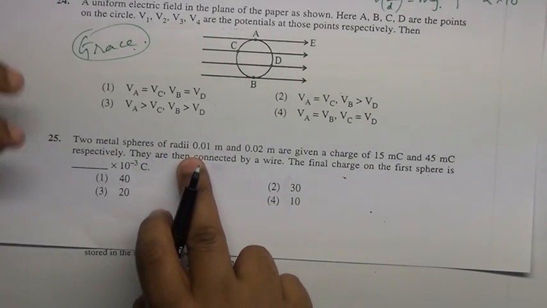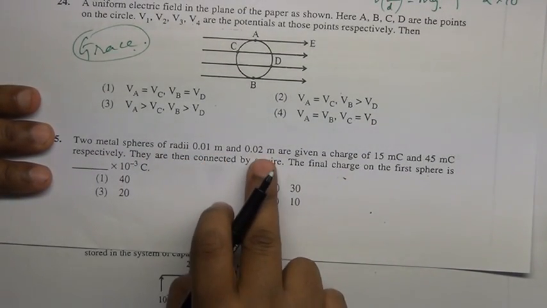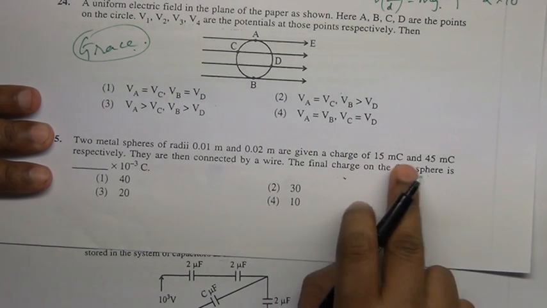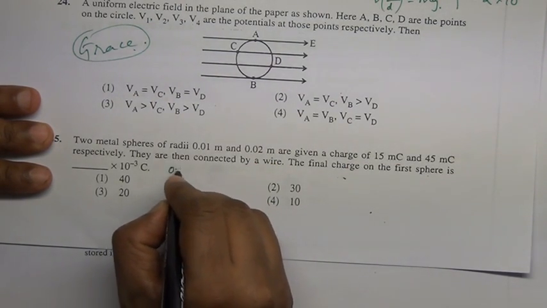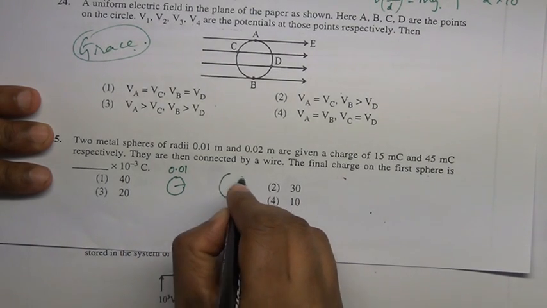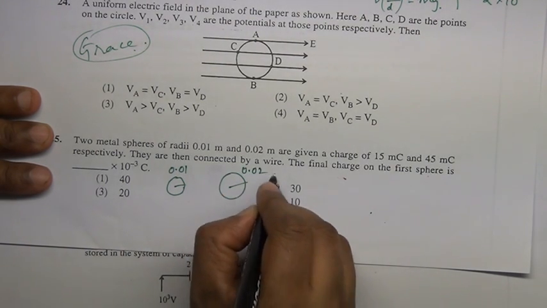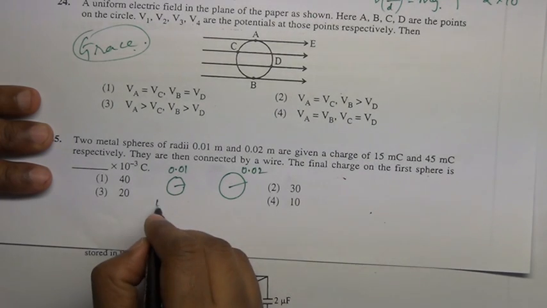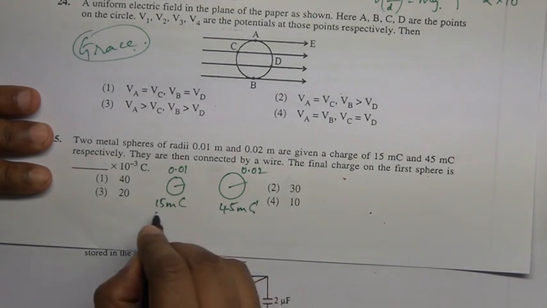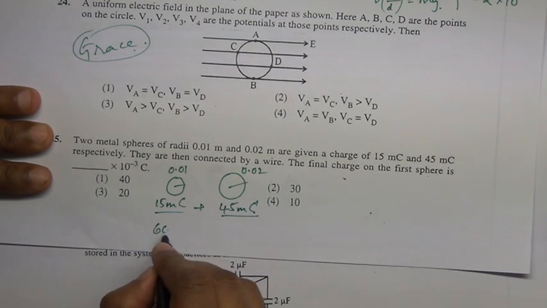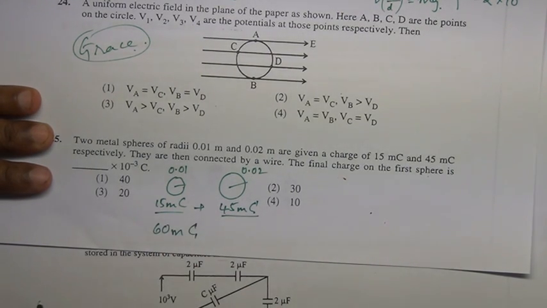Two metal spheres of radii 0.01 meter, 0.02 meter are given charges. So this is one metal sphere of radius 0.01. This is second sphere 0.02. Charges are 15 millicoulomb, 45 millicoulomb. Therefore, total charge is 60 millicoulomb. Okay.